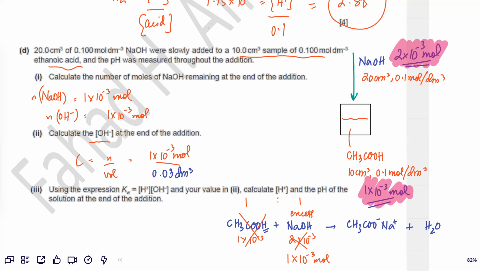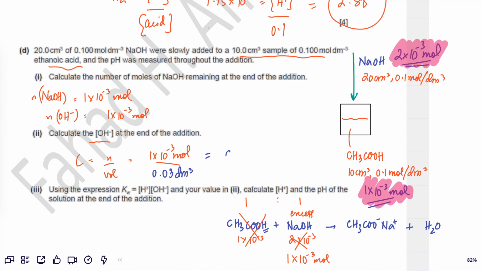So that's your moles divided by volume. Can somebody tell me what concentration you're getting? Is it 0.33 or 3.33? What do you get? 0.33.